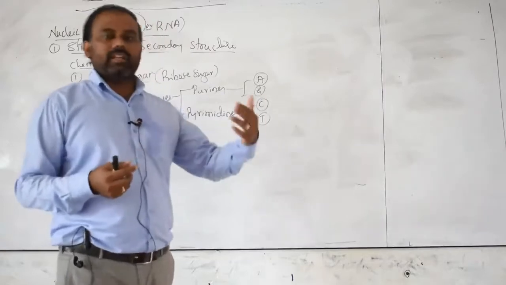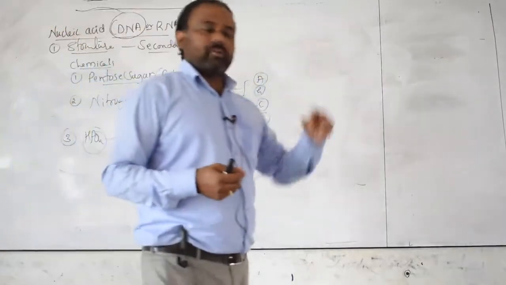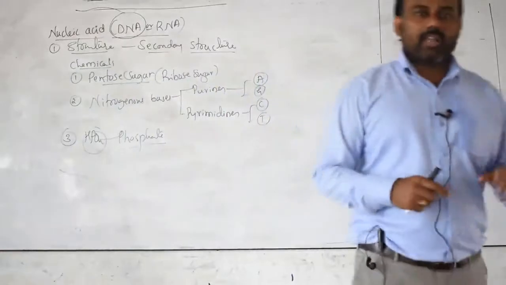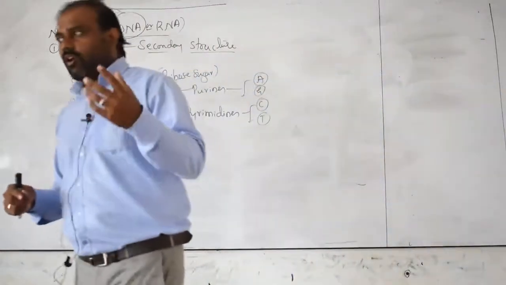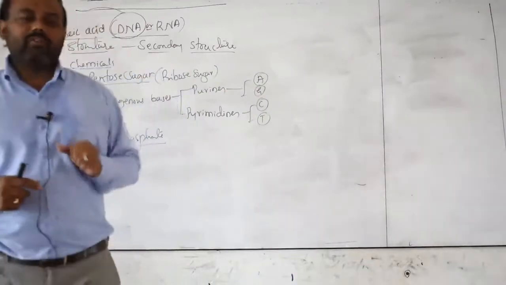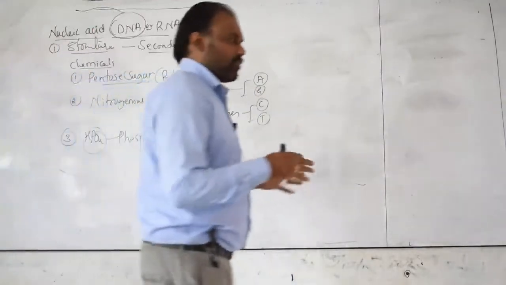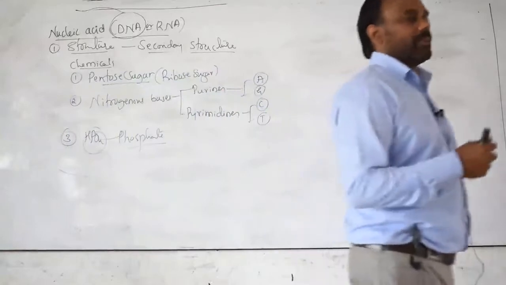Protein is made up of monomeric units of amino acids, polysaccharide of monosaccharides, lipid of fatty acids or glycerides, and nucleic acid of nucleotides. So what kind of bond is present between those?